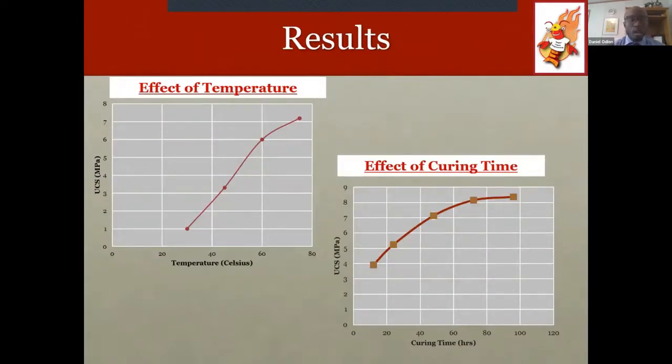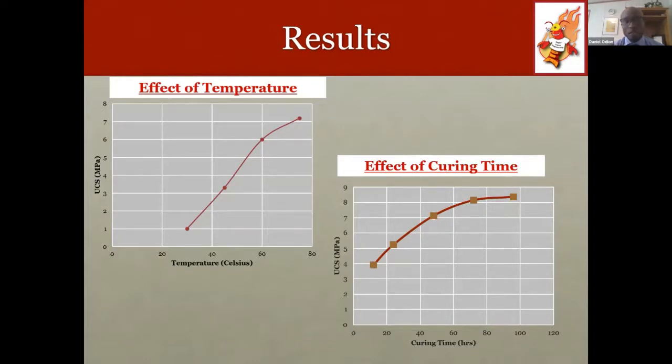Just before our results, I want to draw our attention to how we arrived at our chosen temperature of 60 degrees Celsius. As part of our preliminary testing, we had the material tested at 25, 45, 60, and 75 degree temperatures. During this time, we found that as we increased the temperature of our oven curing, the UCS strength of the geopolymer increased.